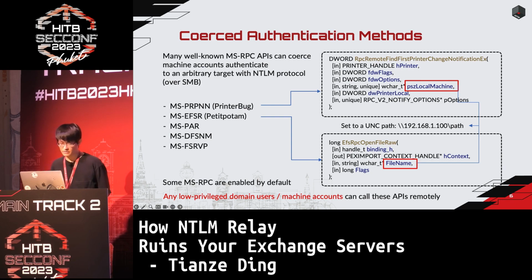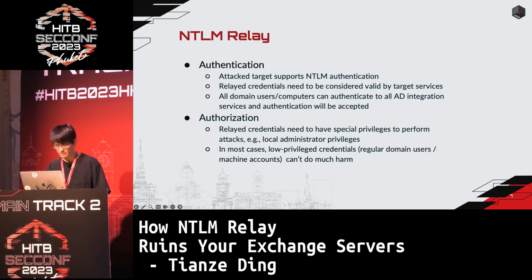Both of them are enabled by default on Windows machines, and any low-privileged domain account can call these APIs remotely. With the file path related parameters set to the attacker-controlled UNC path, for example, the file name in the EFS RPC EfsRpcOpenFileRaw API, the remote machine account will send NTLM authentication messages to the attacker's host in the UNC path.